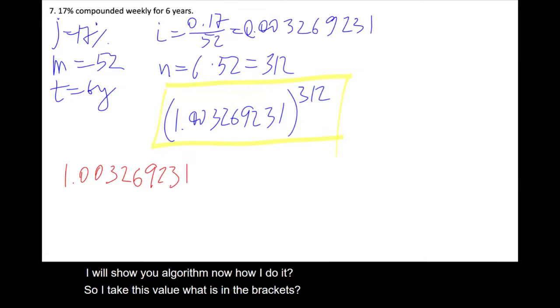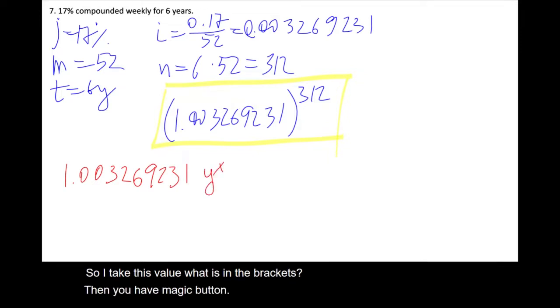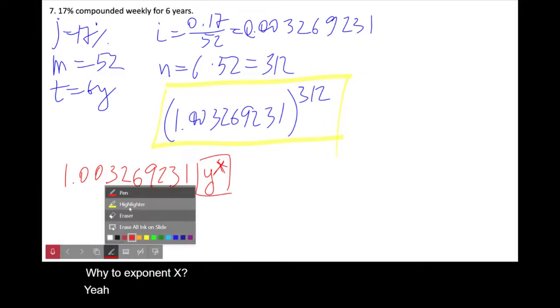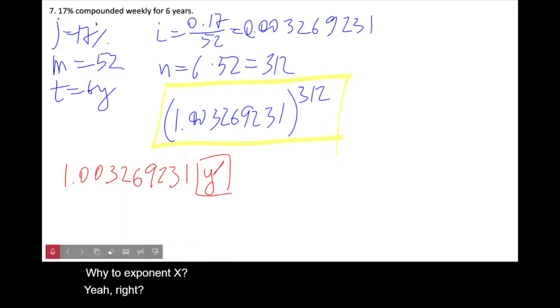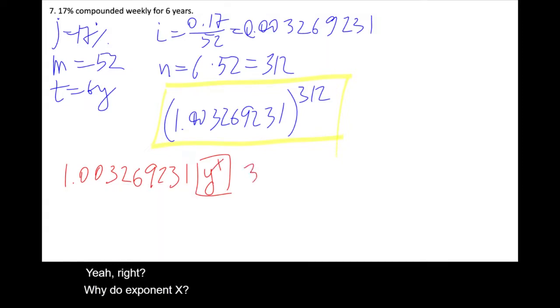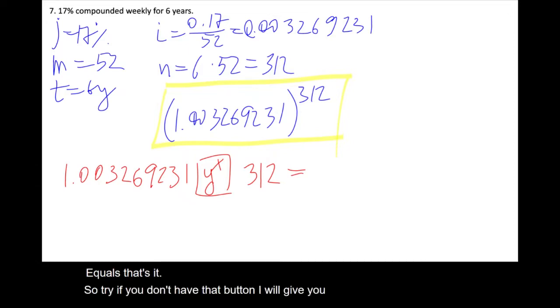Then we have the magic button y to exponent x. Then I put x, equals, that's it. So try. If you don't have that button, I will give you alternatives for your calculator.